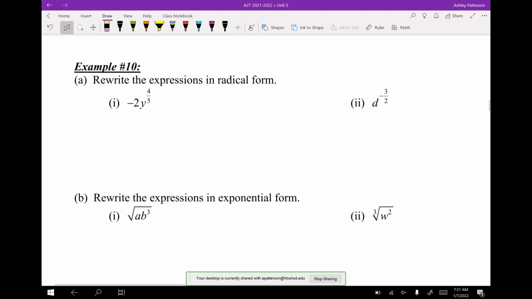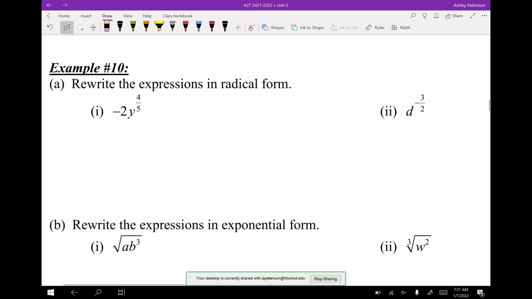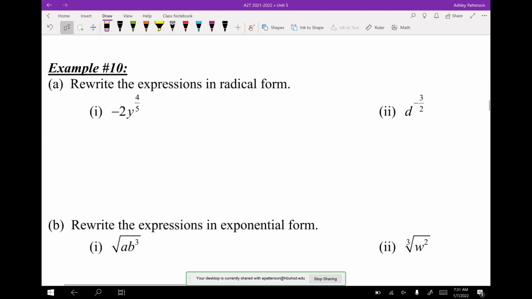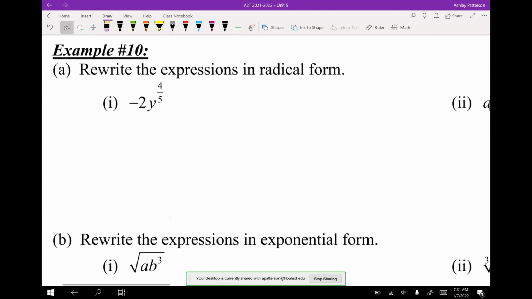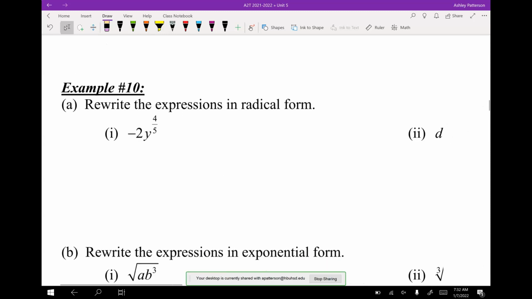It's asking us to rewrite the expressions in radical form. Things we need to watch out for. Example number A sub 1. What is the exponent attached to? Allie?